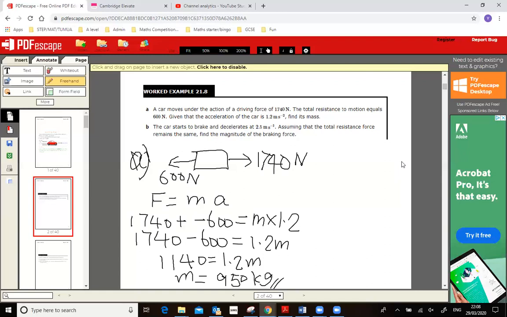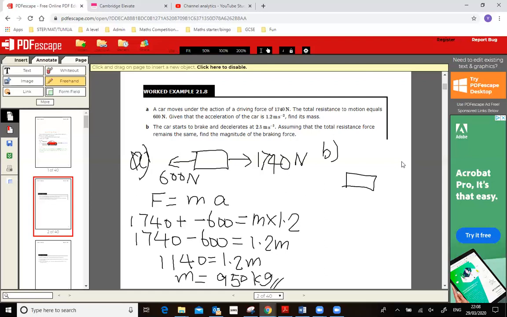Okay, so let's have a look at part B. Part B says the car starts to brake and decelerate at 2.5 meter per second squared, assuming that the total resistance force remains the same. Find the magnitude of the braking force. Again, let's start by drawing a diagram with all the forces labeled.